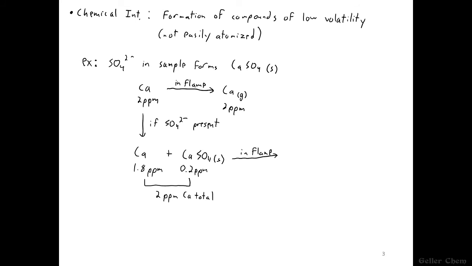Once we put this into the atomic spectrophotometer, what we're going to get is 1.8 ppm of calcium gas, which we will be able to analyze, but the rest of the calcium remains in this solid precipitate, which we won't be analyzing. So, not atomized.